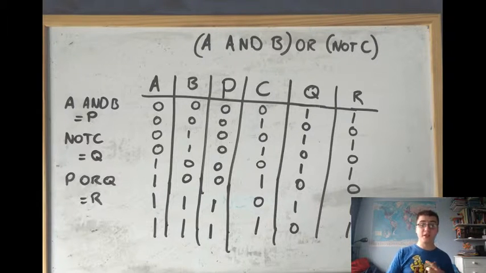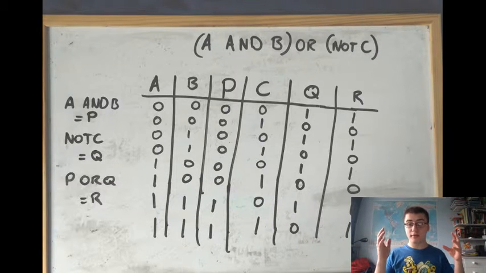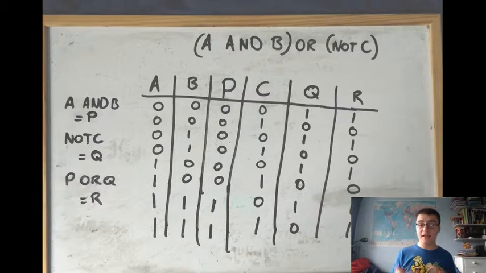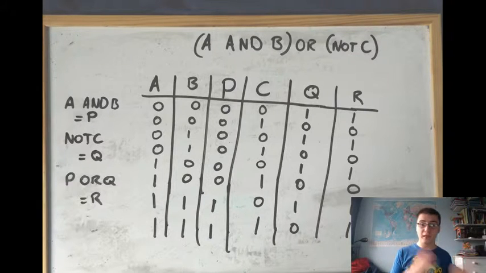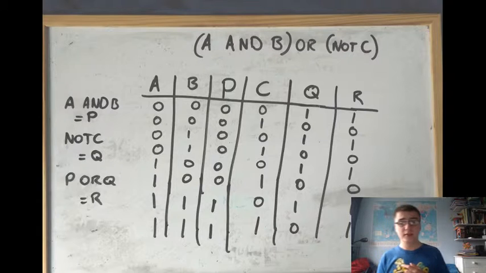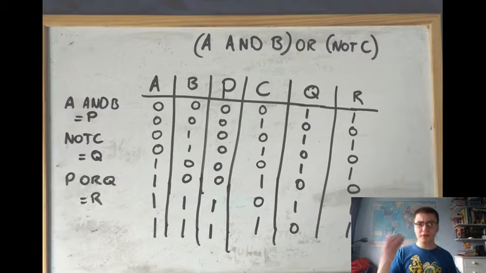On the left hand side, the result of A and B is being put into column P, the result of not C is being put into column Q, and then the result of P or Q going into R. I've basically broken down the problem at the top of the page into different parts, which is a lot easier than doing it all at once.